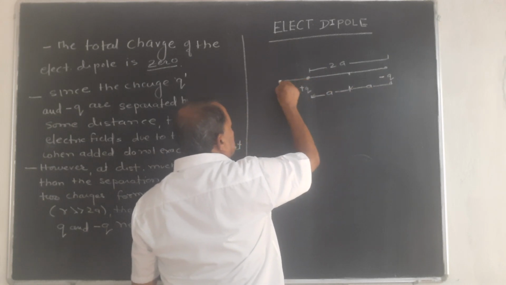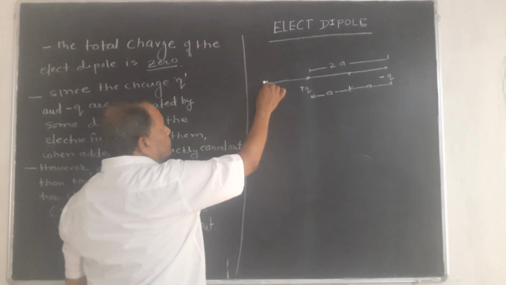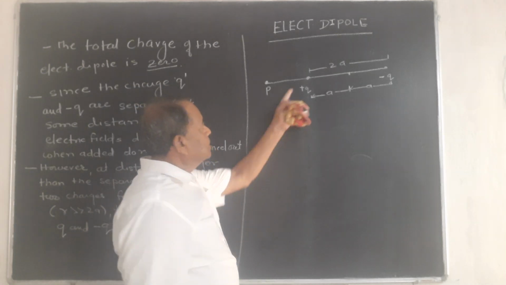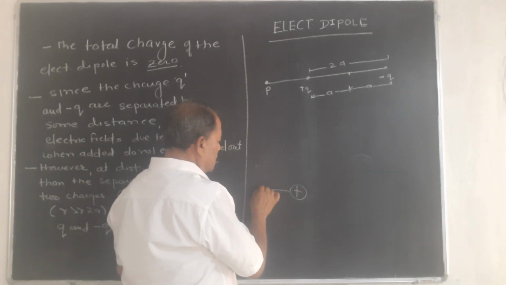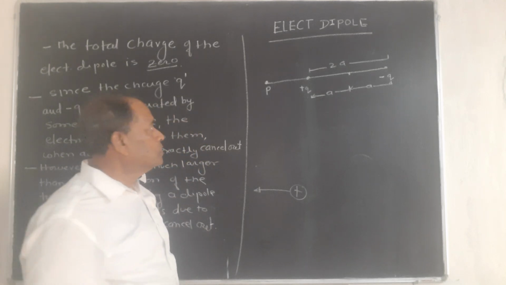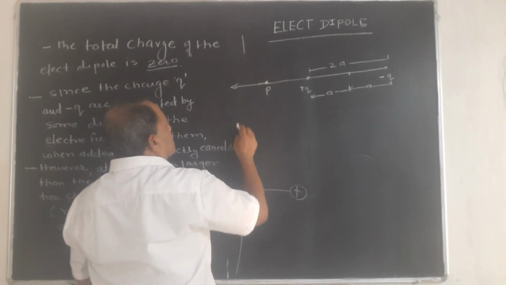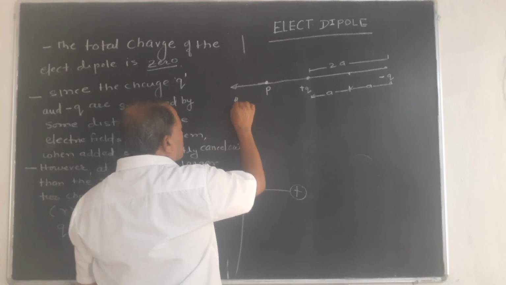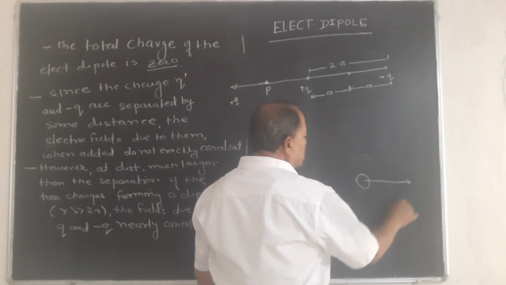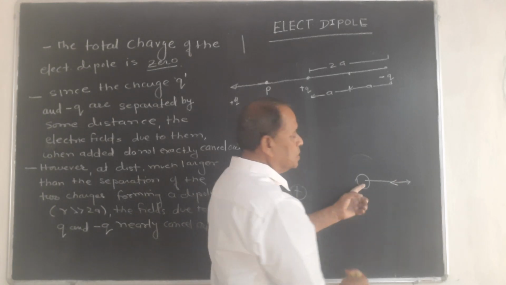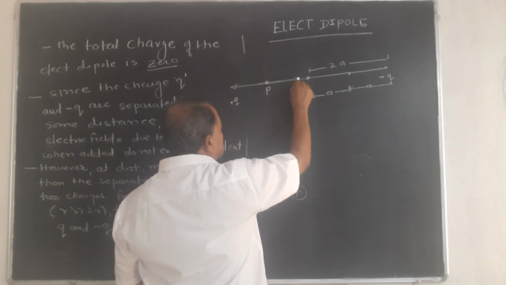This is the axis, and this is the point P. At point P, due to the positive charge, the direction is radially outwards, in this direction. Due to the negative charge, the direction is radially inwards, toward the negative charge, in this direction.